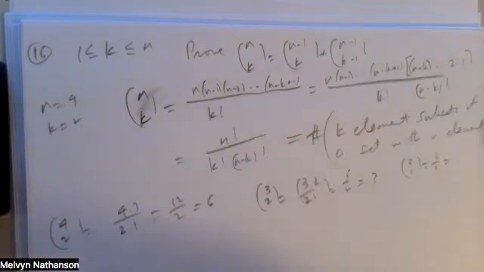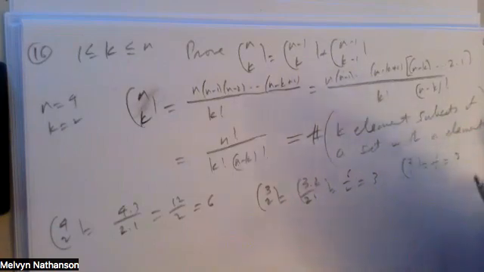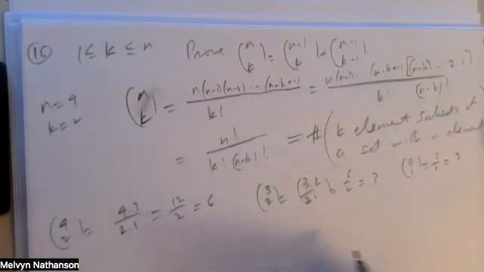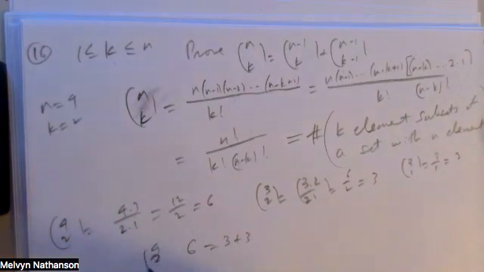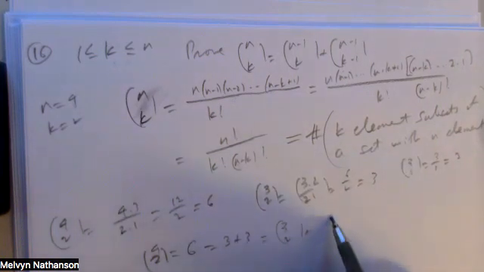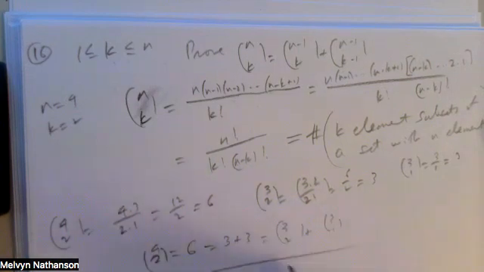Oh, yeah, this is all fine. So you'll notice 6 is 3 plus 3. That is, 4 choose 2 is 3 choose 2 plus 3 choose 1. That's just an example of what we're trying to prove.